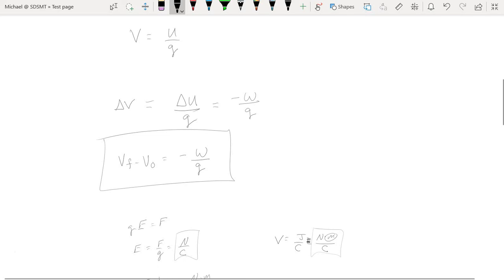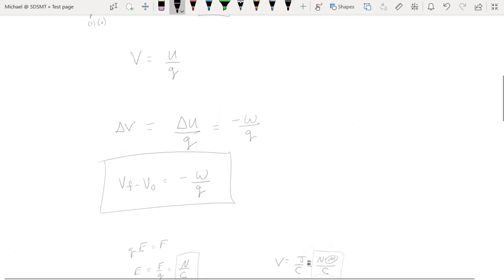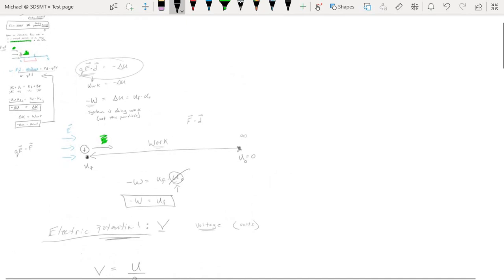Well, now we need to figure out how we get rid of that minus sign, because the system by itself is not going to just allow the charged particle to spontaneously work against the system. The system is doing negative work.